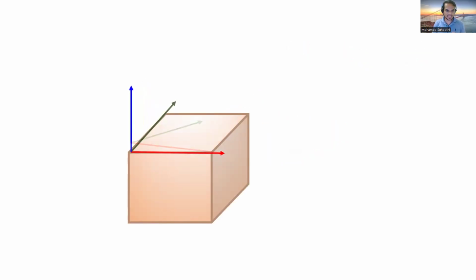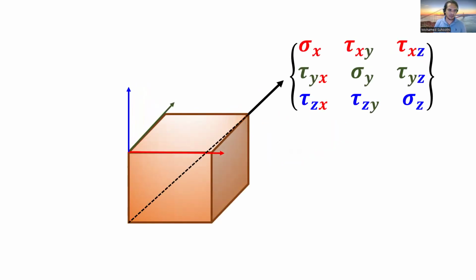But in the general case, the force can be arbitrary, right? If I consider the most general case, that means a force passing through the corner of my infinitesimal element, then that force can be decomposed along the three planes. At this corner, if you consider the cube corner, you have three planes on that corner, right? So for example, let's say this is my cube.